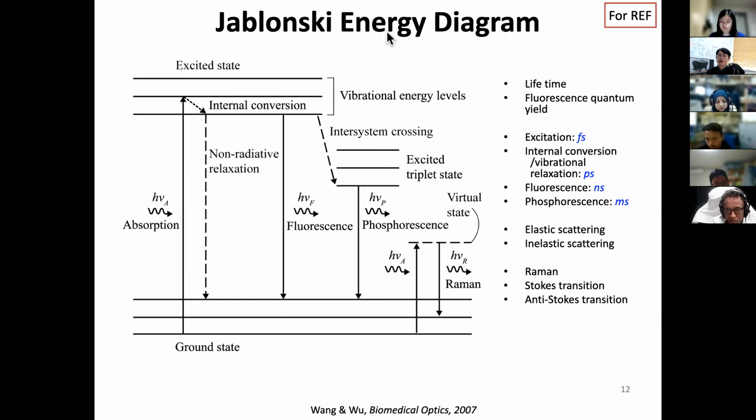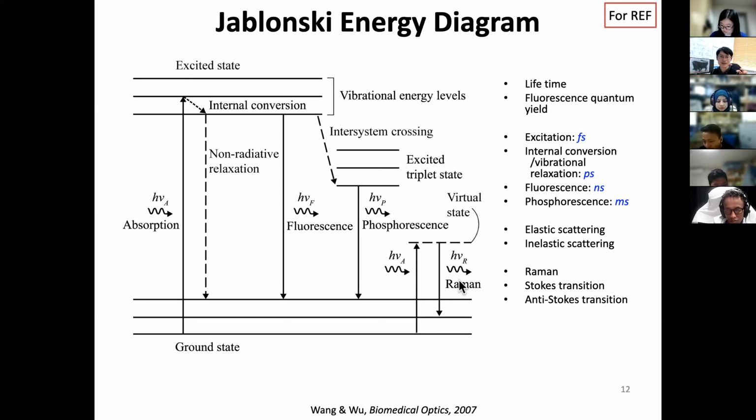Okay, so far what I described with the Jablonski diagram is for your reference. I just want to reiterate one new thing, Raman spectroscopy. Here, in Raman, you give a photon which goes to a virtual state and then it emits, and that difference contains the molecular information.